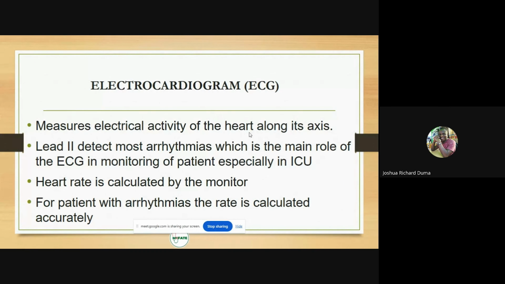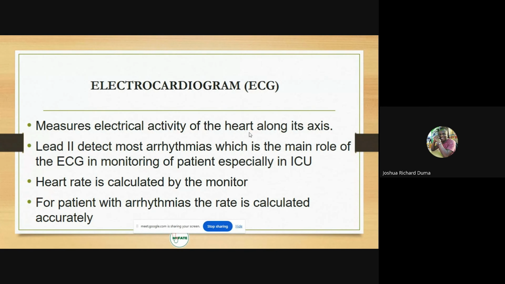The other reason why ECG is important is that it helps us to assess cardiac functioning. In which way? Sometimes through ECG we can detect ischemia. Once a patient is in ischemia, ECG can help to detect the signs of ischemia early.